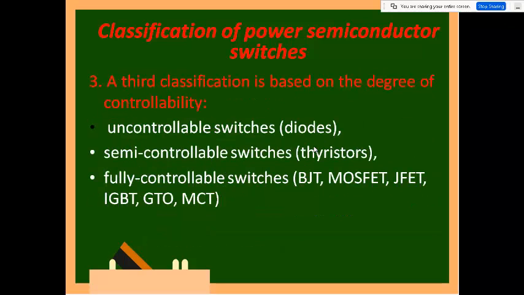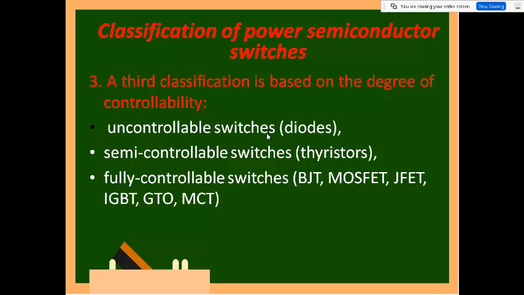And the third type of classification, we call it uncontrolled switch, semi-controlled switch and fully controlled switch. Again the concept is the same, only the way of classification differs. Uncontrolled is, as we all know, the diode: once the voltage crosses 0.6, the minimum voltage to turn on, your device will get turned on.